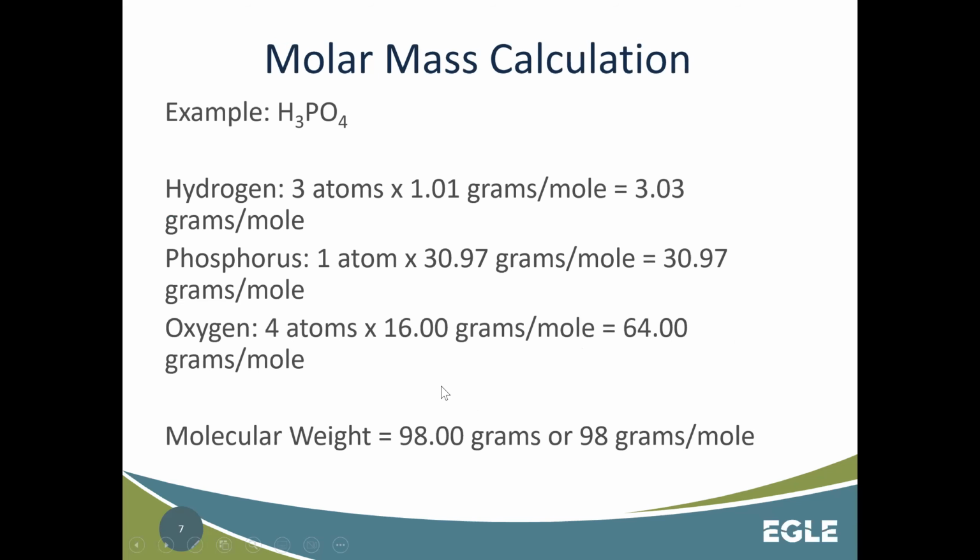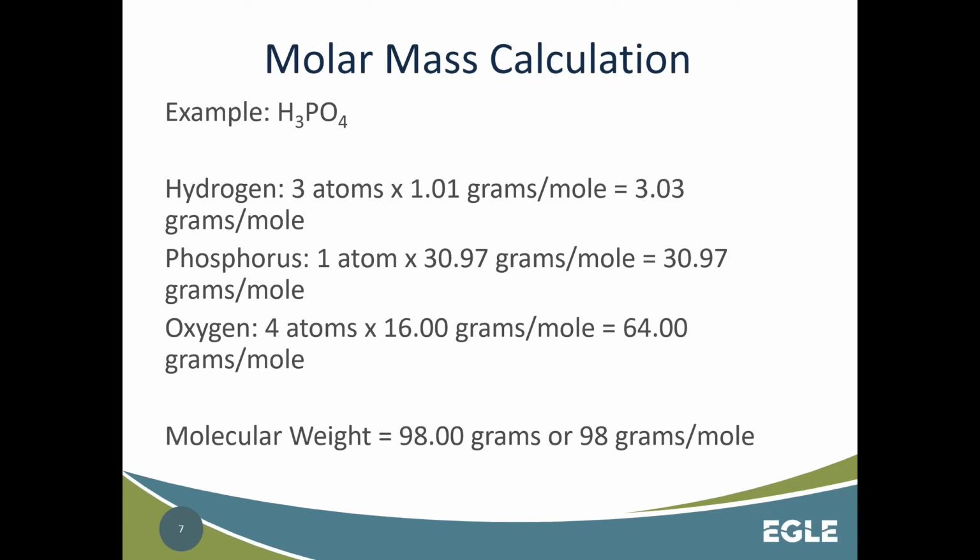All right. So with phosphoric acid, you have hydrogen, 3 atoms of it, at 1.01 grams per mole. The atomic masses that we saw on the periodic table last week: hydrogen weighed 1.01, nitrogen is 14.01, carbon's 12.01, oxygen is 16, phosphorus is 30.97.